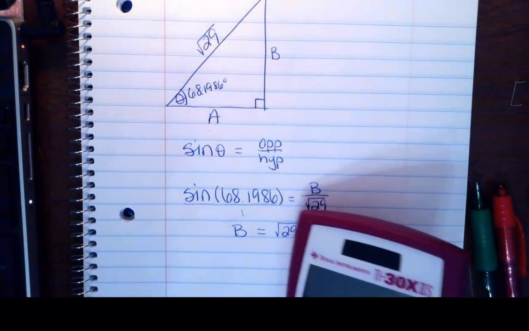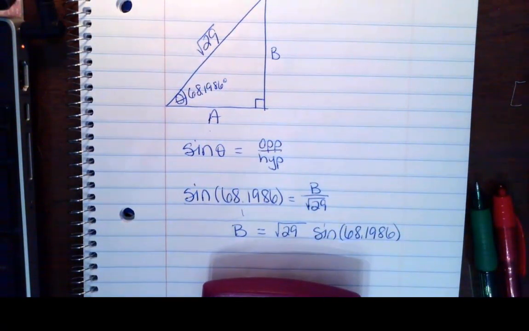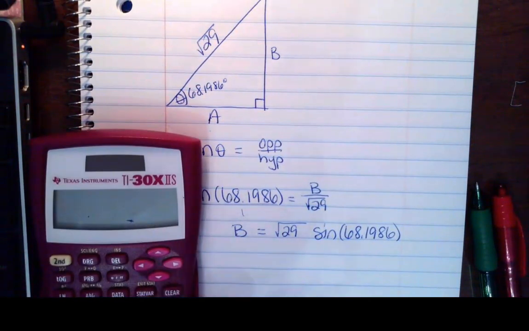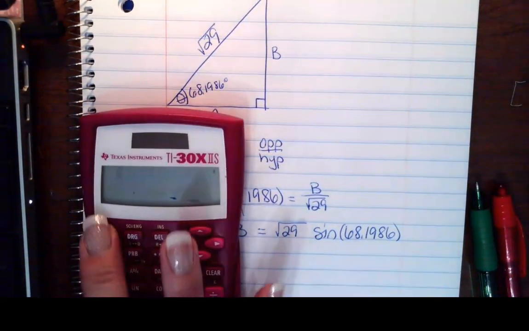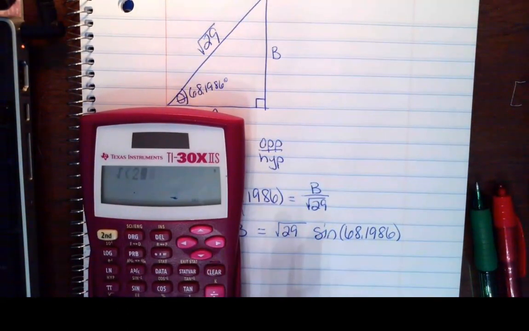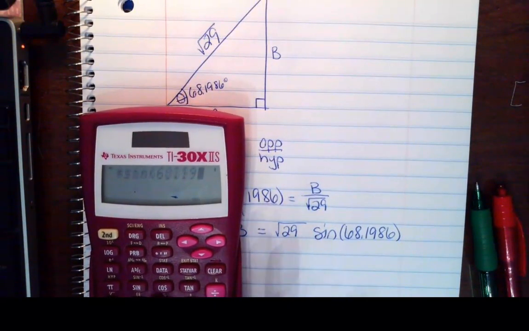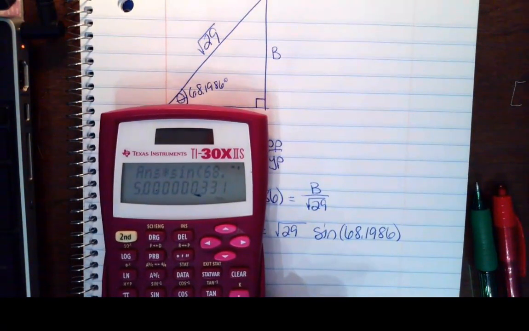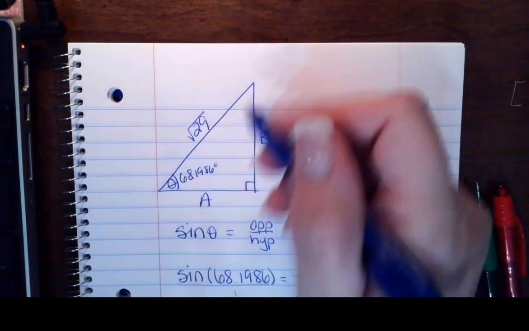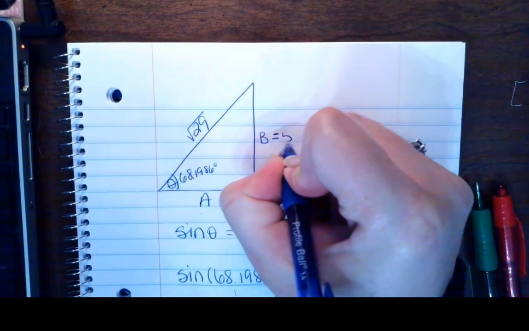So this one was easier because the side length that I knew was in the denominator. All right, so I have root 29 times the sine of 68.1986, and I get a side length of basically 5. So b is 5.